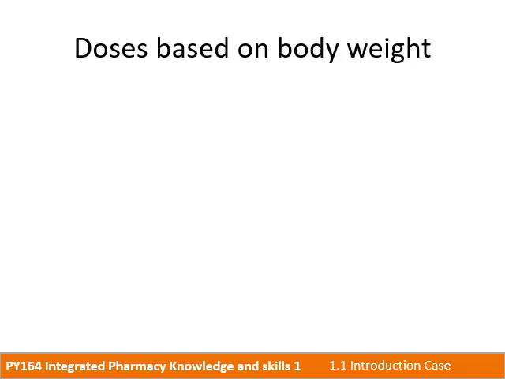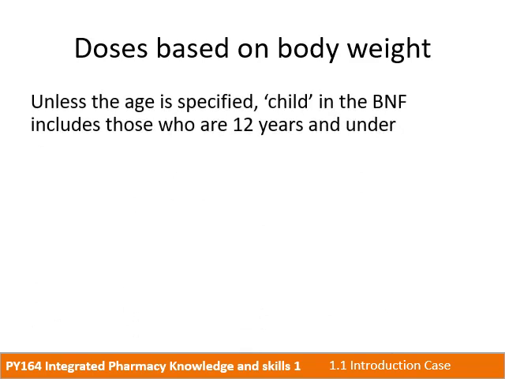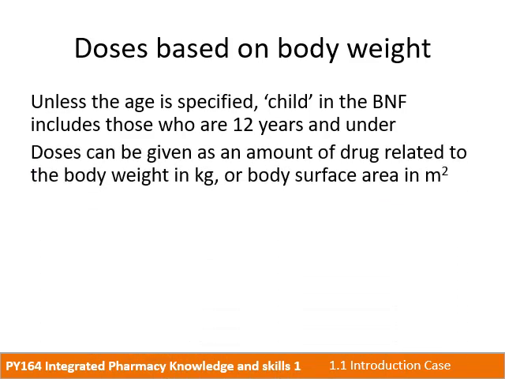Okay, so we're going to have a look at the idea of doses based on body weight and actually to some extent body shape. First things first, as I already said, unless the age is specified, a child in the BNF includes those who are 12 years and under.